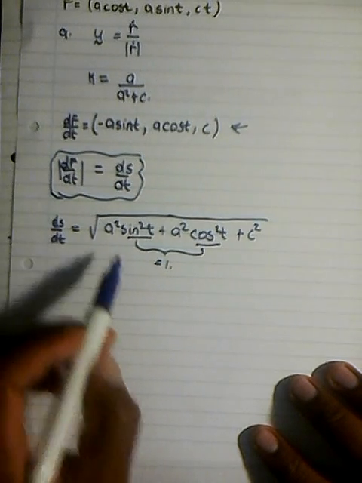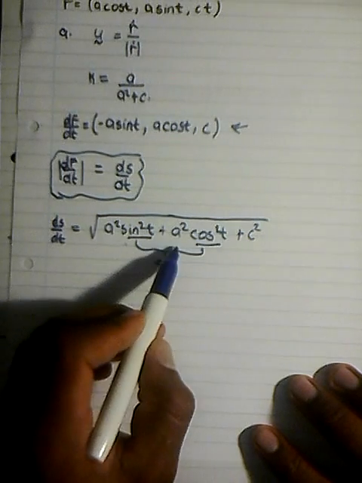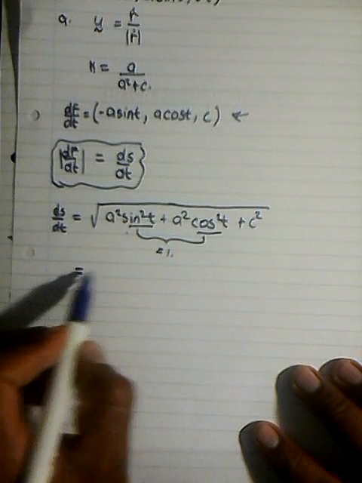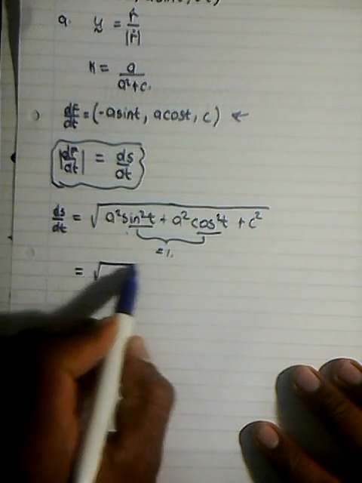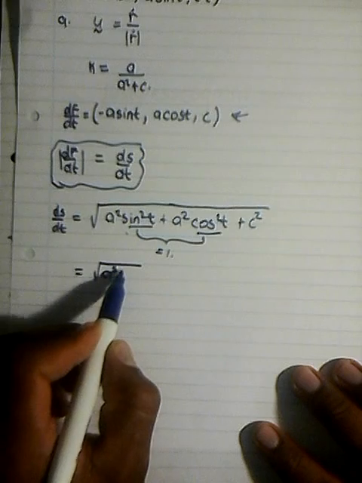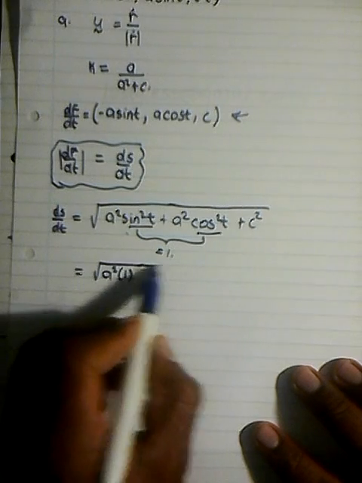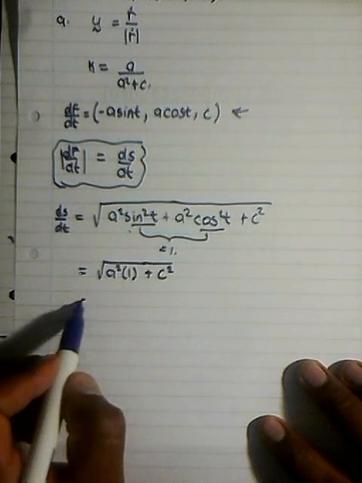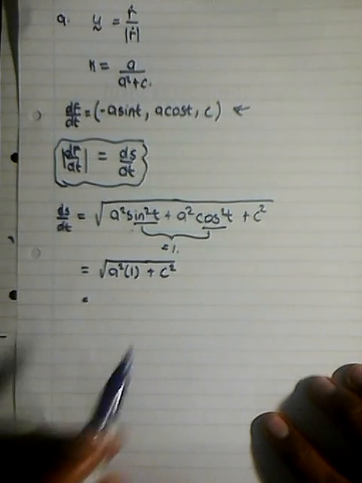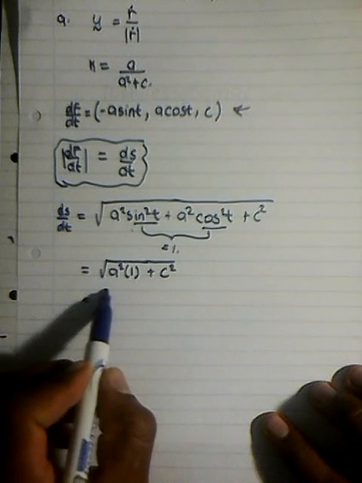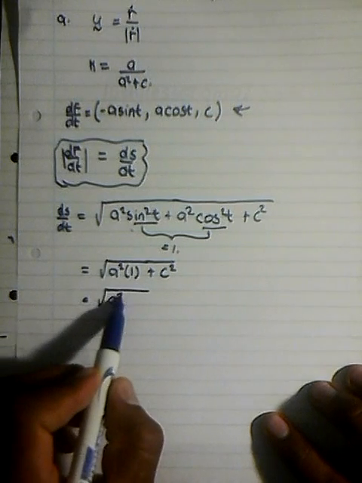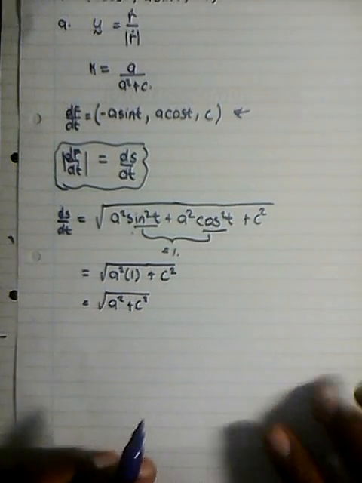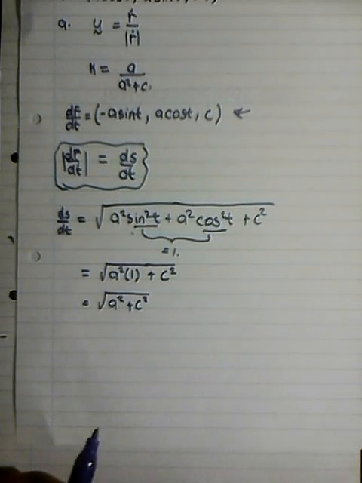So we have the square root of a squared multiplied by 1 plus c squared. Sorry, this is the same as the square root of a squared plus c squared.